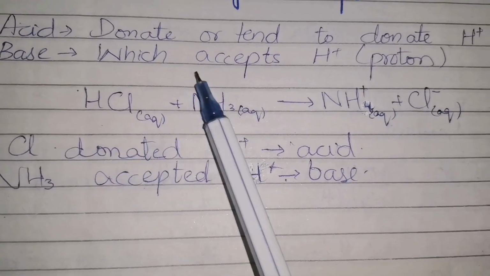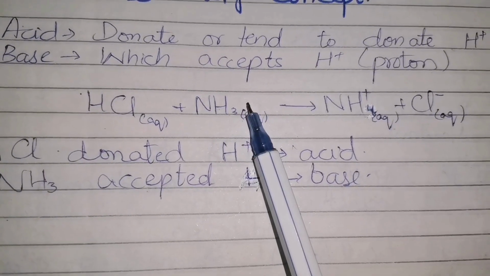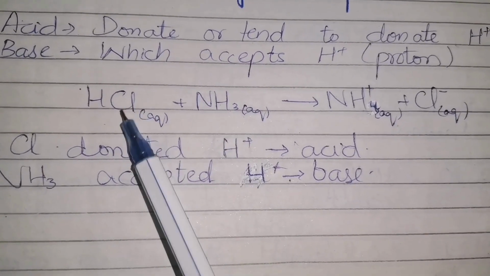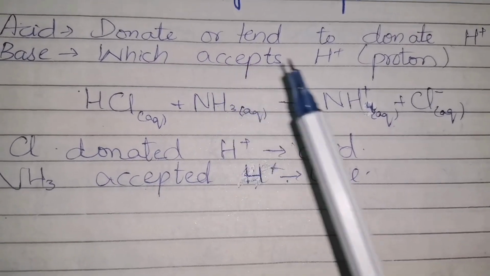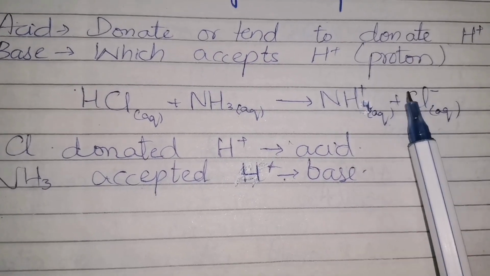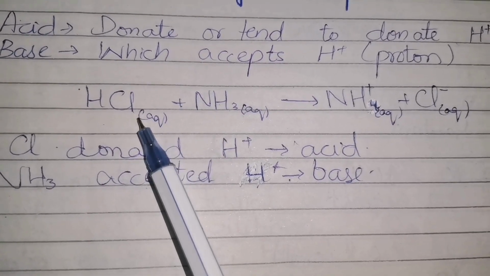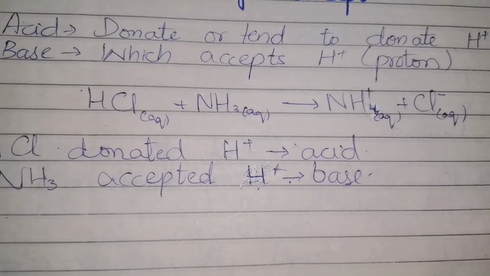The one which donated the proton is known as acid and the one which accepted the proton is base. Here HCl is acid and NH3 is base because it accepted the proton.